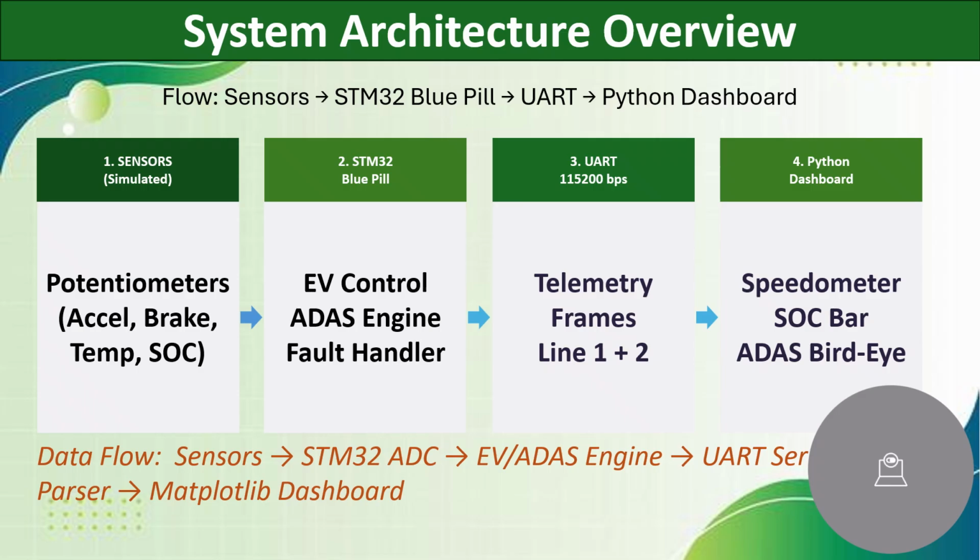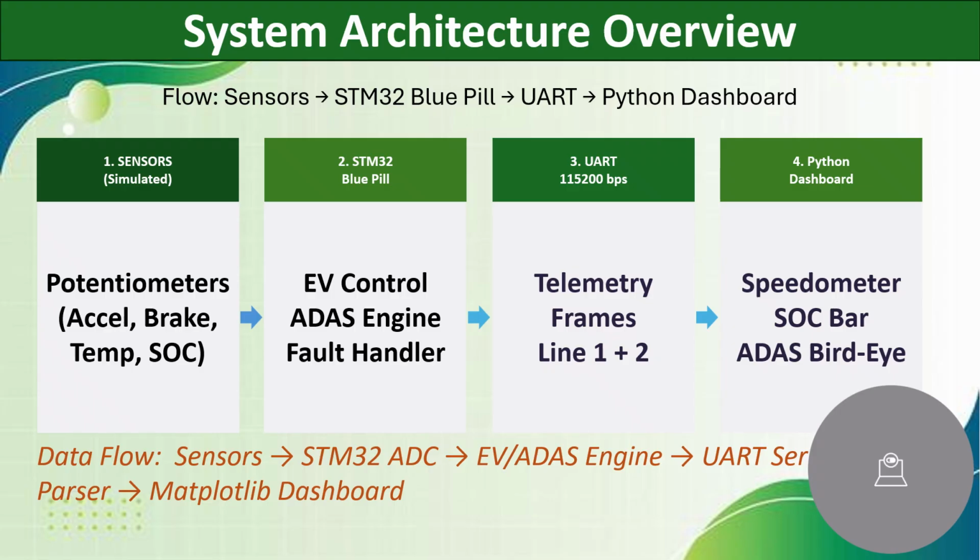This is the system architecture overview. It means that there is a flow of the project. In the flow, we use the sensor. Then we forward this to the STM32 Blue Pill, which is the microcontroller present in the Pixim Lab. And then we use the UART for serial communication between the IO virtual terminal and the Pixim Lab.